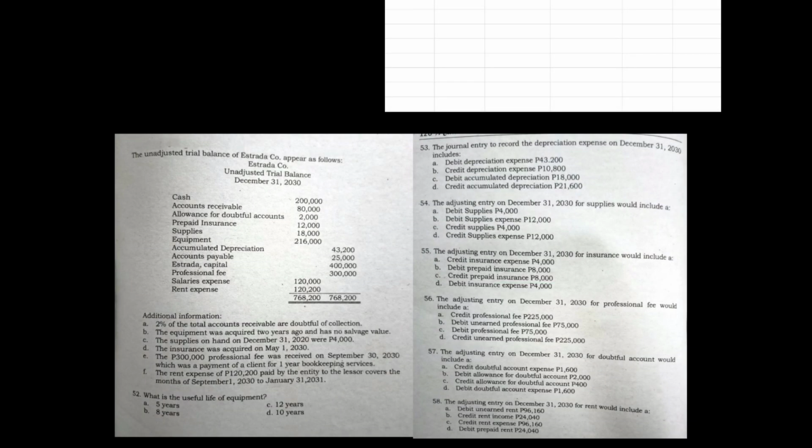So, yung given natin is prepaid insurance of 12,000. Hindi naman sinabi, okay. Punta tayo sa kanyang additional information. In letter D, the insurance was acquired on May 1, 2030.